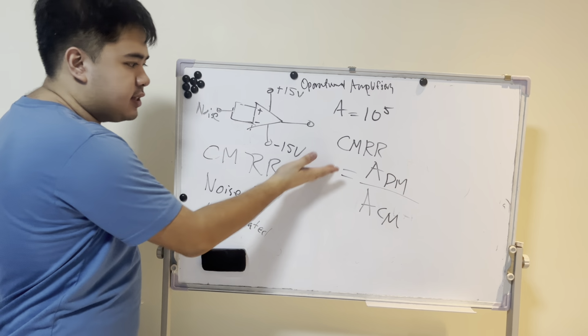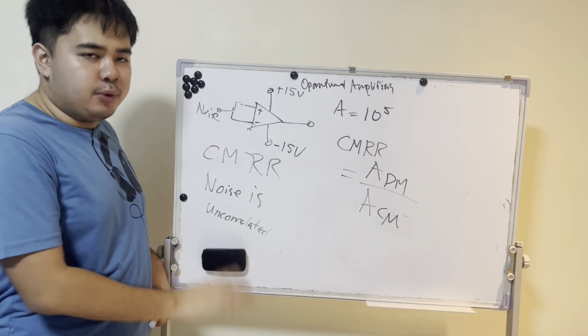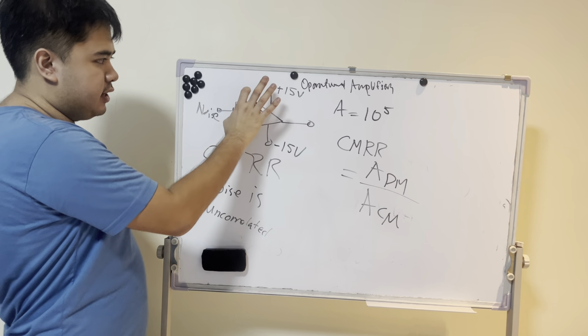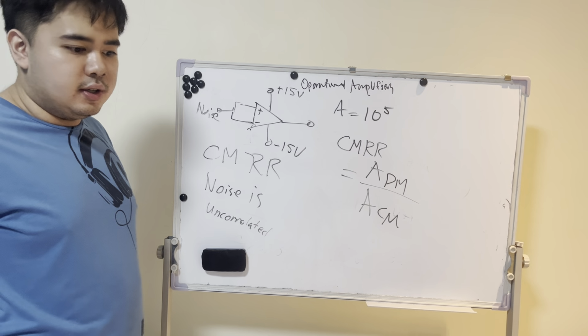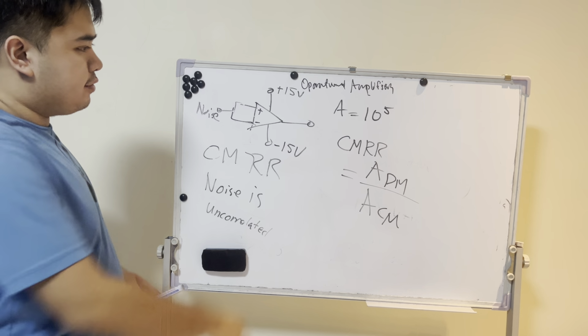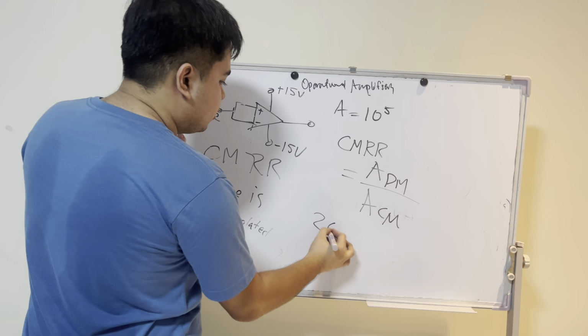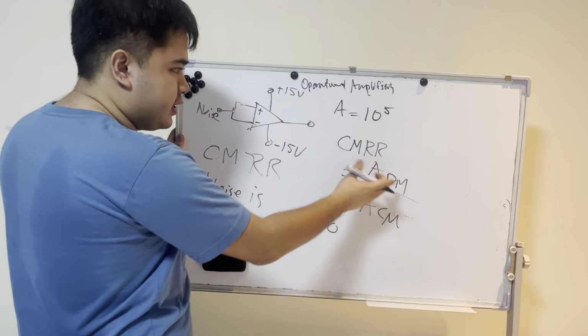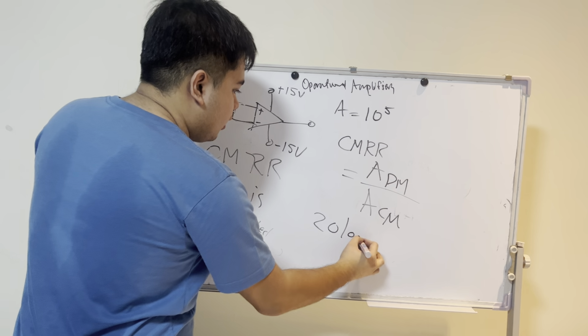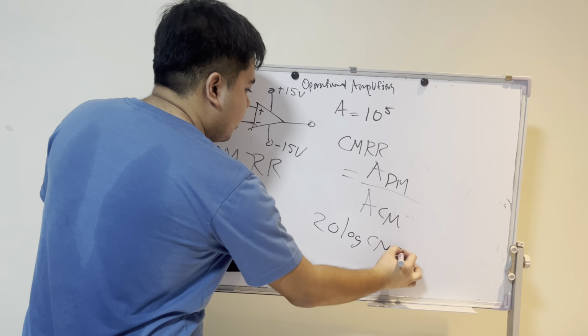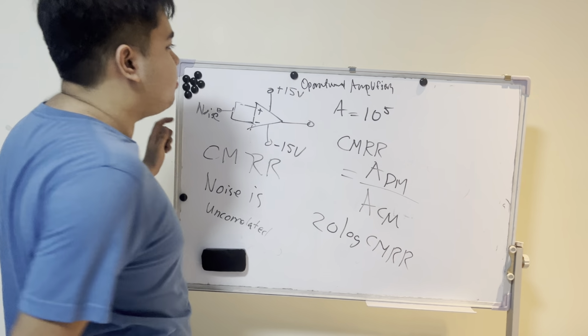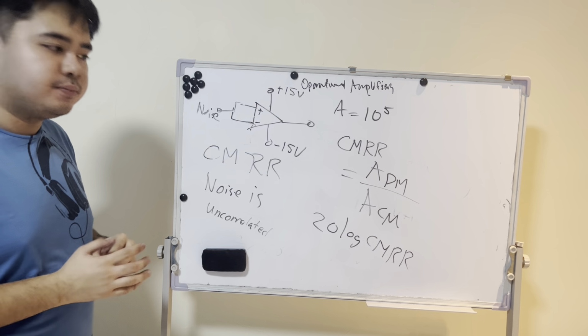So the better this is, the better it is at filtering out noise because of the differential design. That's really cool. And if we want it in decibels, make sure to use 20, because this is voltage. So 20 log CMRR gives us the dB of CMRR.